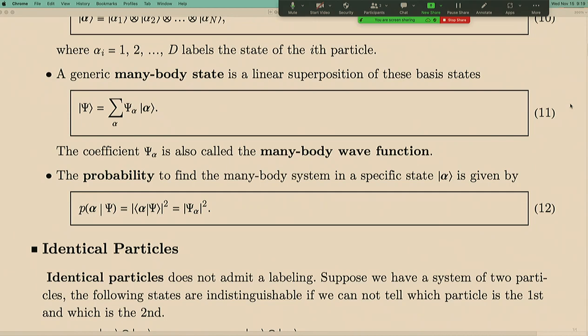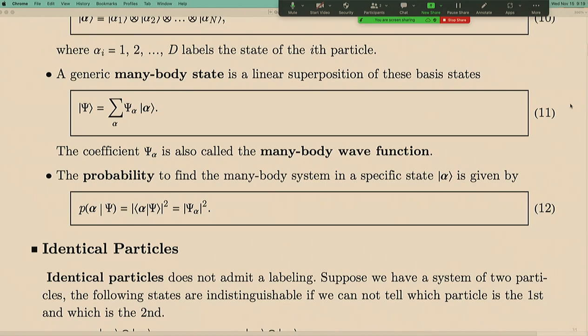According to Born's rule, the principle of quantum mechanics, the probability to see the alpha state, conditional on the system being prepared in psi, is given by the inner product of alpha and psi, norm squared. Because this picks out the superposition coefficient, it's the wave function coefficient norm squared.